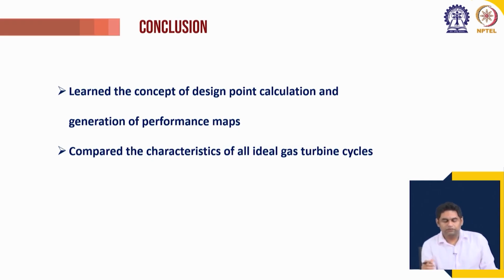So, in this class we have learned the concept of design point calculation and generation of performance maps, and then we have seen actual performance maps which we have drawn by plotting our derived expressions or by doing repetitive design point calculations, and then we have compared all the cases, and we have seen that our conclusions when we have discussed each of the gas turbines during the classes are directly apparent from the performance maps also.